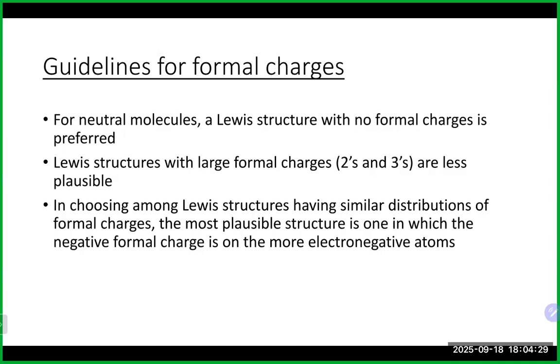So, say you have carbon and oxygen, and for some reason your carbon has the more negative formal charge versus the oxygen that has the more positive formal charge. When we look on the periodic table, oxygen is more electronegative, further to the right. So that would probably not be the best structure, as we would want the oxygen to have the more negative formal charge on it.